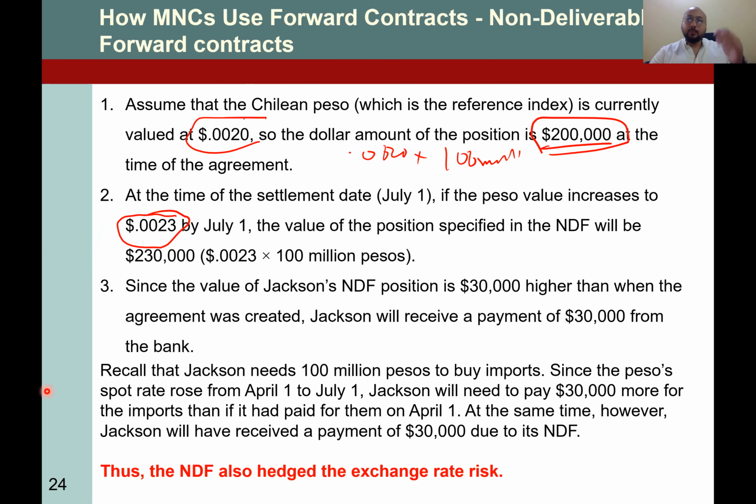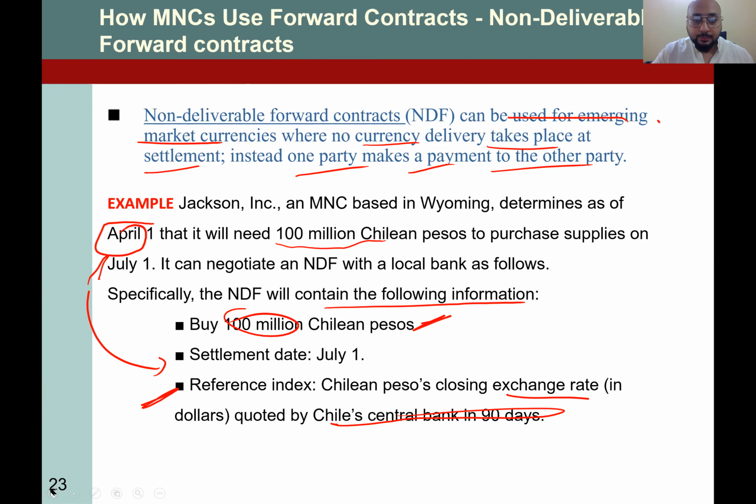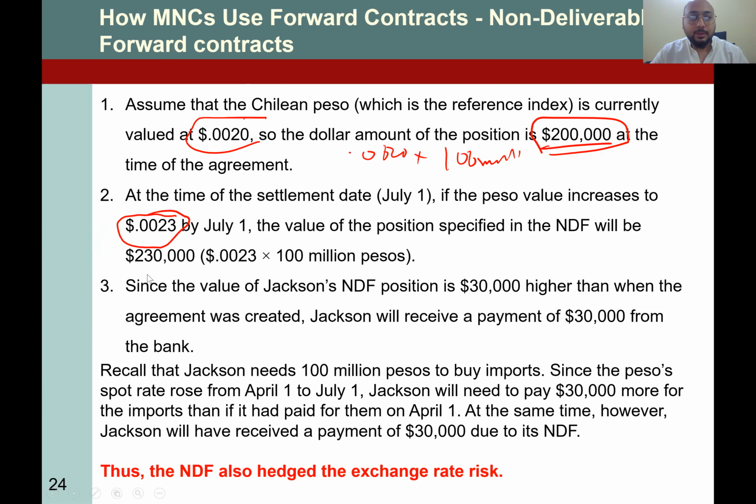So what is your position here? To buy Chilean pesos at 0.002. So since the value of Jackson's NDF position is 30,000 higher than when the agreement was created, Jackson will receive the payment of 30,000.